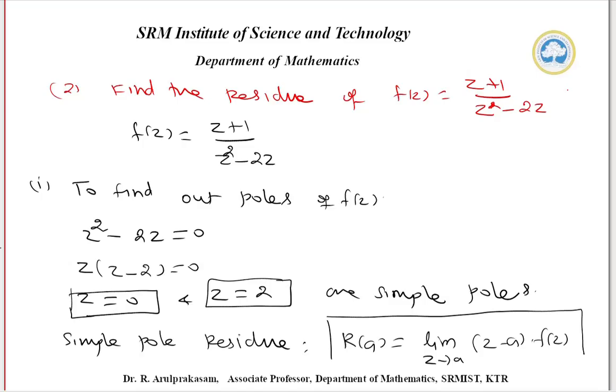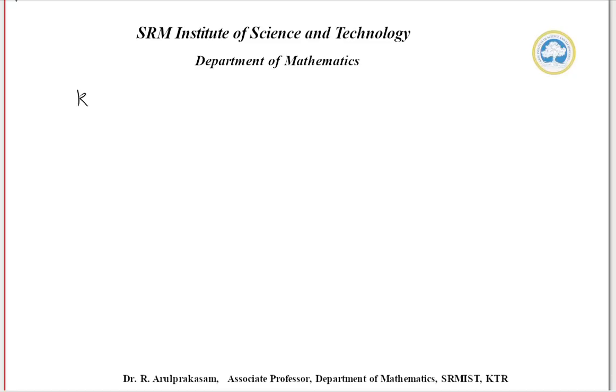By this formula I get the residue of the function about the points 0 and 2. First, I move on to how to find the residue at the point 0.